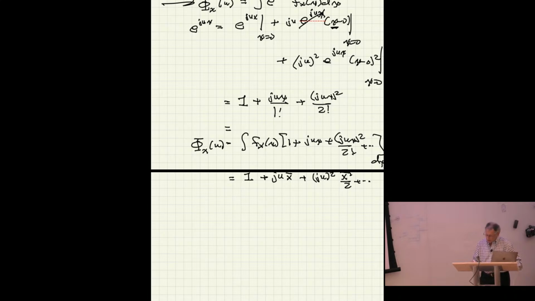That means that when I set u equal to 0, the derivative n times at 0, I'm simply going to get j to the n, nth moment of x. And of course, j squared is minus 1, etc.